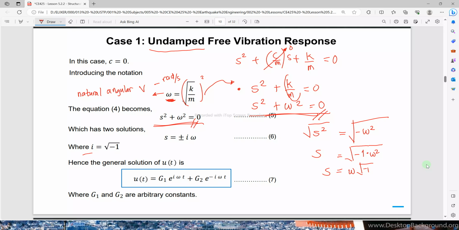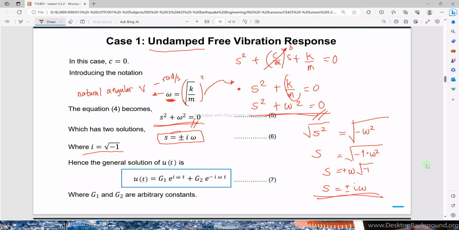And we know that the square root of negative 1 is a complex or imaginary number. So we will have s is equal to positive or negative i omega. That is our equation 6.